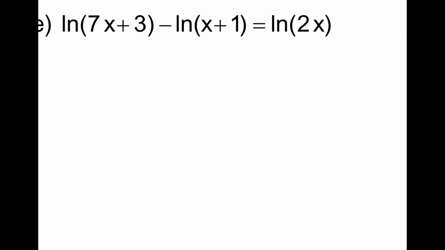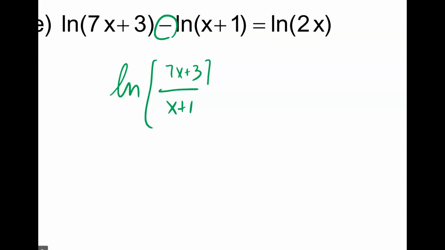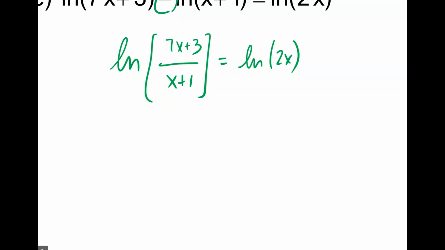Once again, we're trying to solve for x. Think, what would be an easy way? I see I'm subtracting the two logs, which means I can combine the insides by writing them as division. So this is just ln of 7x plus 3 over x plus 1 equals ln of 2x. The same log on both sides, so I can set the insides equal to each other.